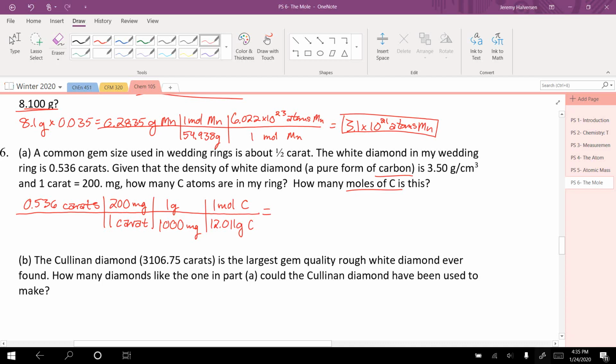I got 0.00. How many sig figs? 3 there, 3 there. Yep, so 3, 8, 9, 3 moles of carbon. And then I would take it one more step to get to atoms, because I know 1 mole of carbon is 6.02 times 10 to the 23rd atoms.